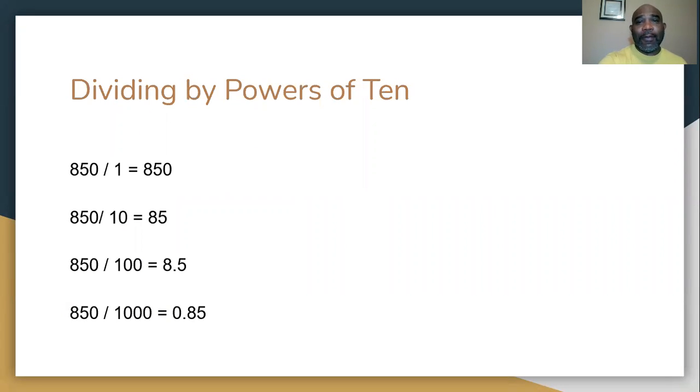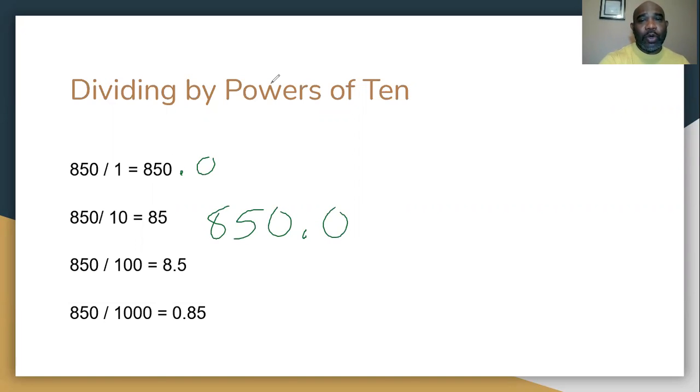850 divided by 1 is simply 850. Now, I'm going to write this in there. Remember, we could write that as 850.0 if we wanted to, right? 850.0 divided by 10.